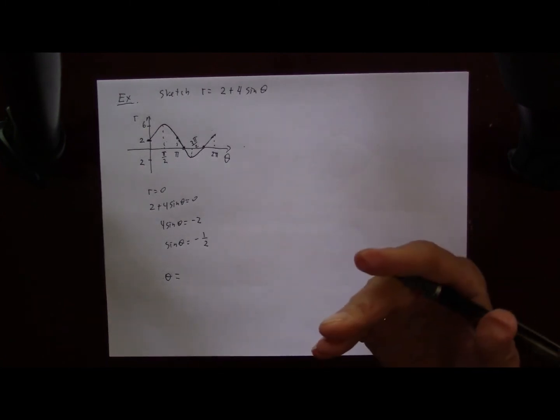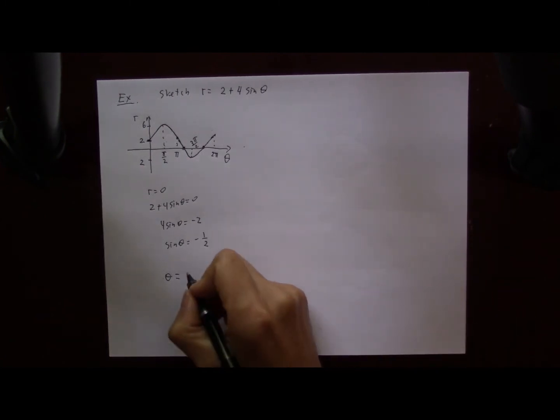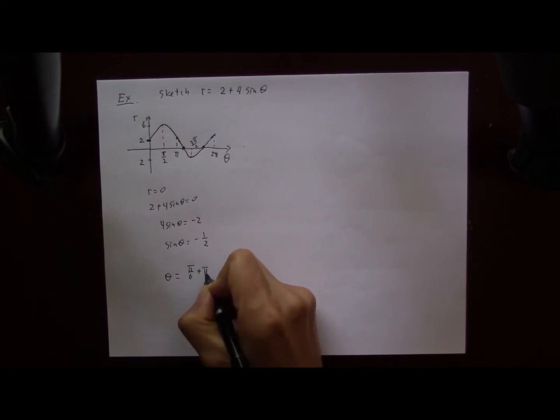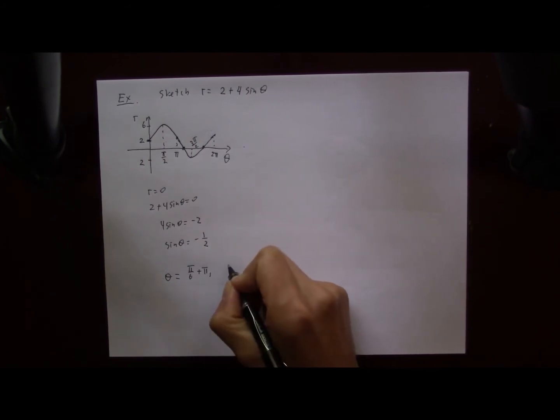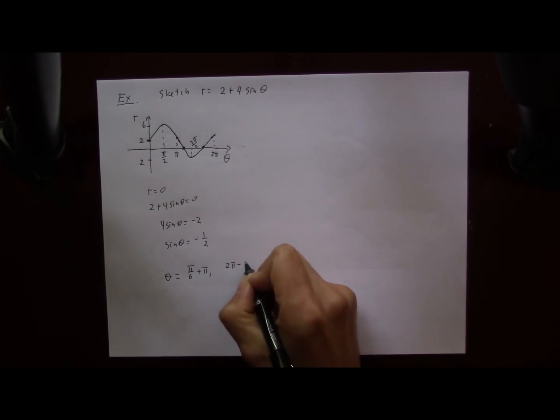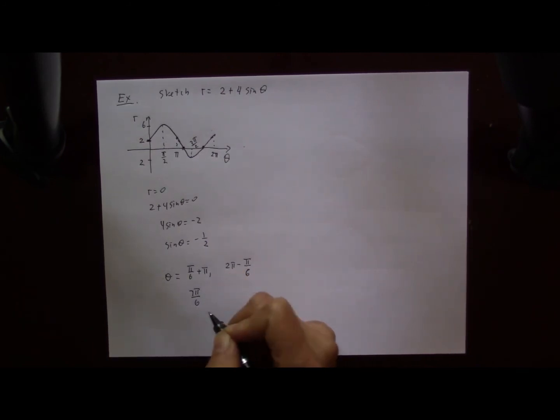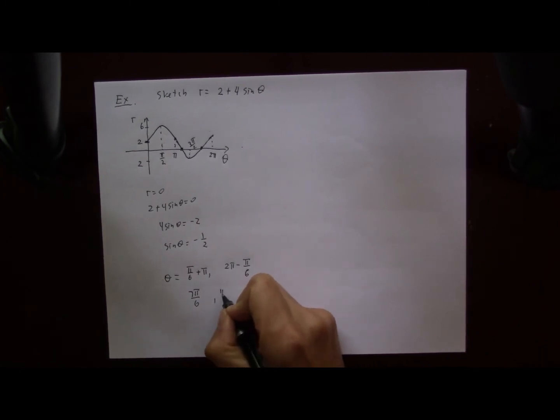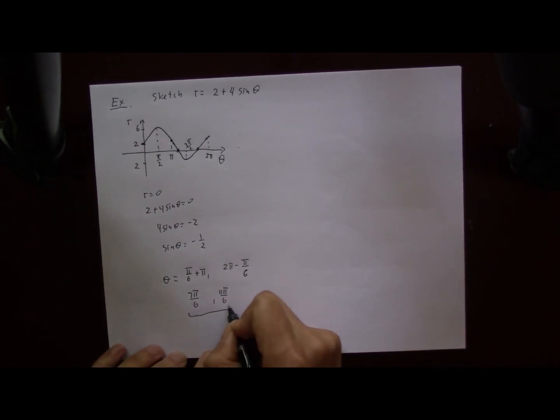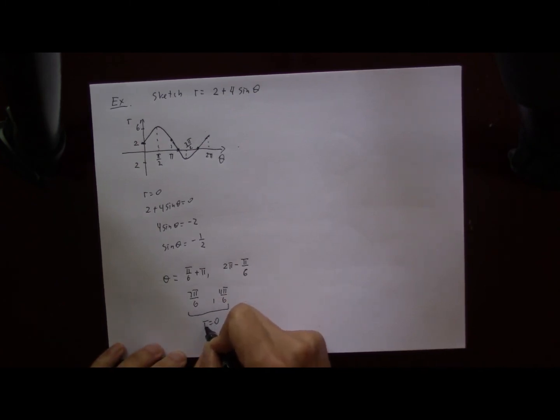So our reference angle is pi over 6, so the angles are pi over 6 plus pi, which is 7 pi over 6, and 2 pi minus pi over 6, which is 11 pi over 6. So these are the 2 points where r equals 0.